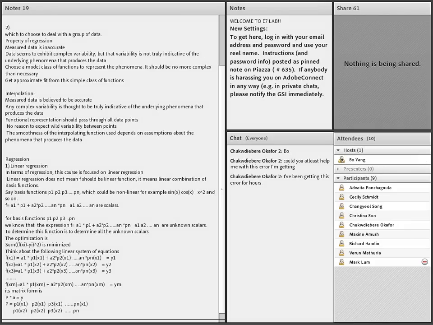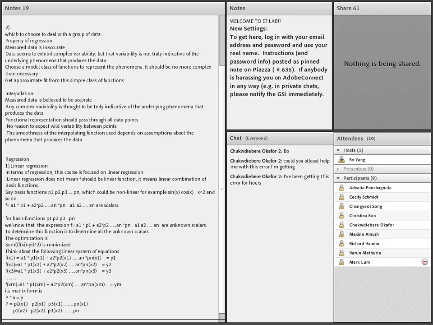Here we used the first pair of data x1, y1 to build the first equation, and here a1 to an are unknowns. So by using the m pairs of data, we can build m equations, and we have a1 to an as unknowns.